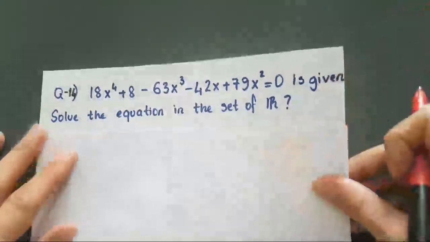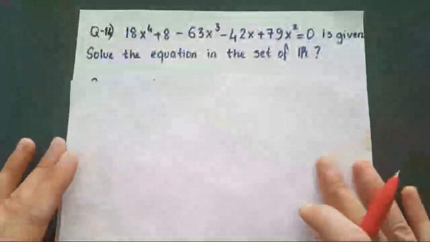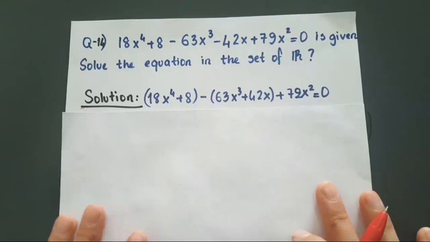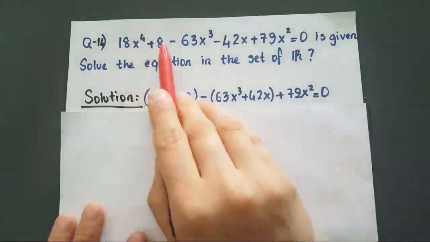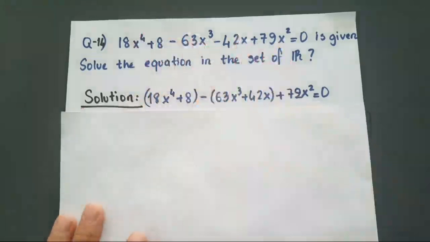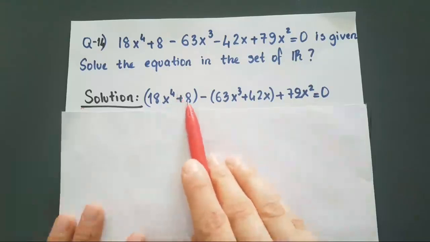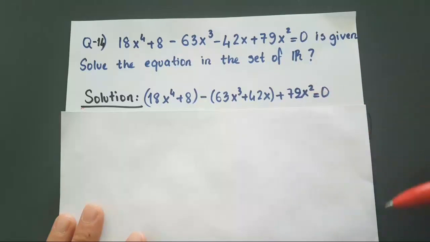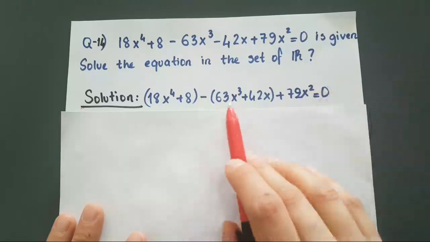Let's see how to group them together. When we group first by second, third by fourth, and the fifth term is alone, it will be 18x to the power of 4 plus 8, minus 63x cubed plus 42x plus 79x to the power of 2.